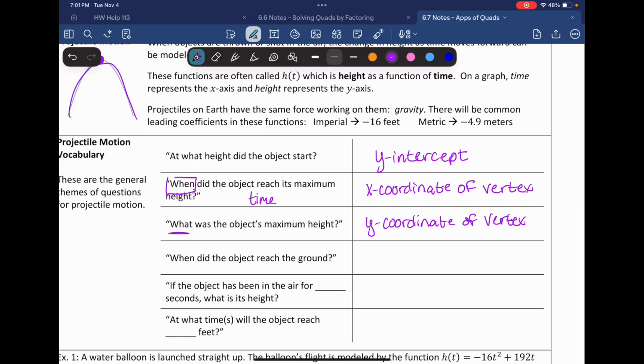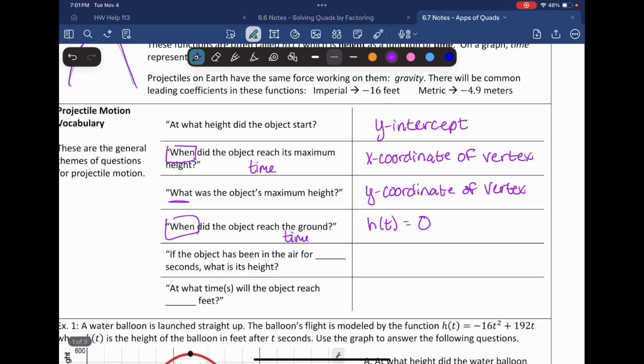When did the object reach the ground? That means we're looking for a time. This is when the height, h of t is what we use, equals 0. If the object has been in the air for a blank amount of seconds, what is its height? Plug in the blank for time.